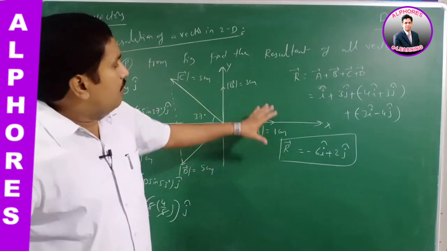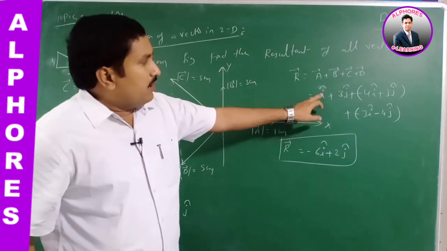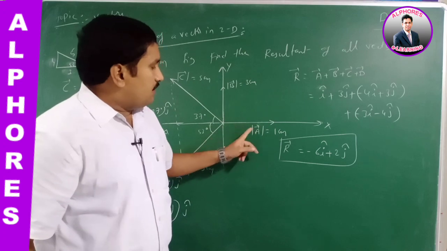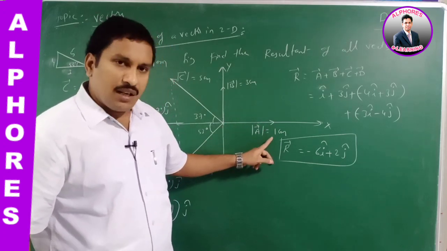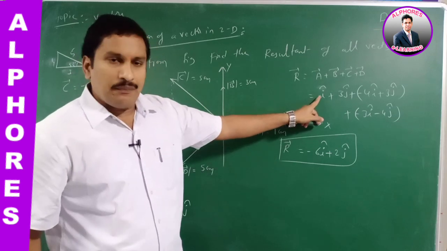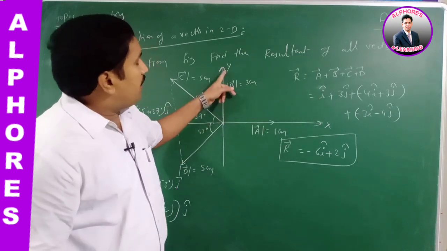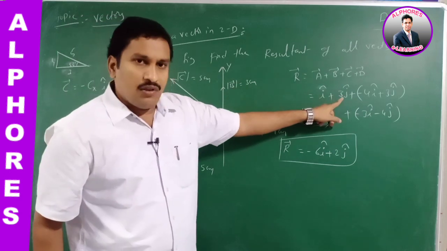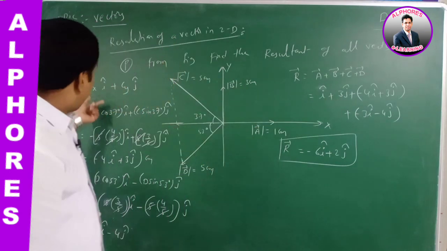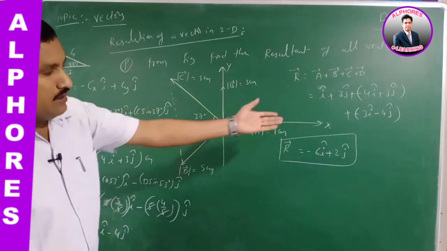So here what I am substituting in place of a bar: this is the a bar, which is oriented along the positive x axis with magnitude 1 centimeter, so it is nothing but 1 into i cap, and the b bar, which is oriented along the positive y direction with magnitude 3 centimeter, is nothing but 3j cap. Now as per the condition of c bar and d bar, I am substituting in this.